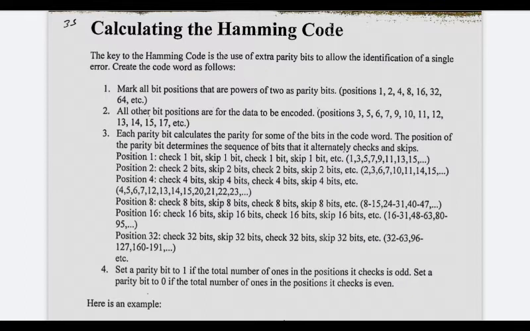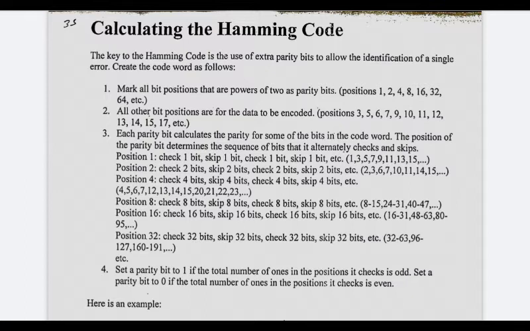So in this Hamming code you are not only sending the data, you are also adding some extra bits, which we call extra parity bits. These extra parity bits allow the identification of a single error. Is it clear? So for that we have to calculate the parity bit for the positions you have written, that is, the power of 2 positions.